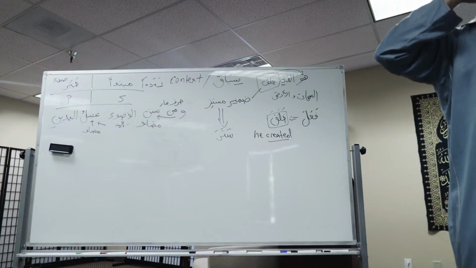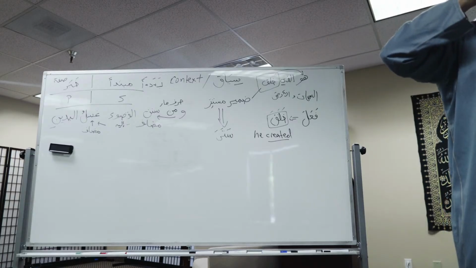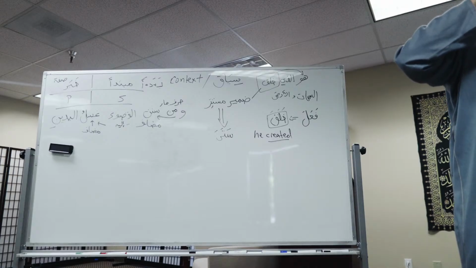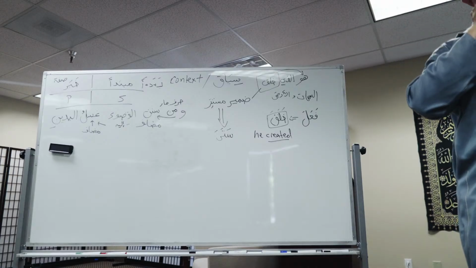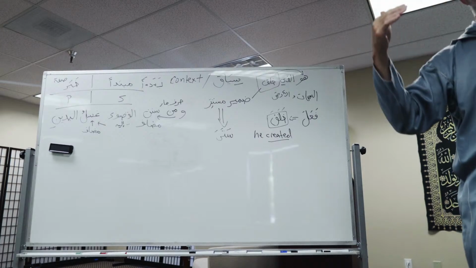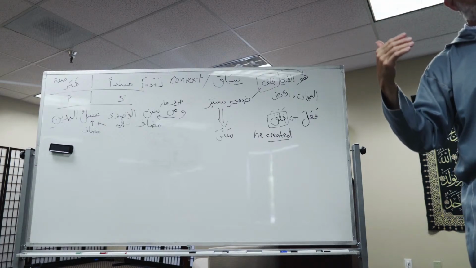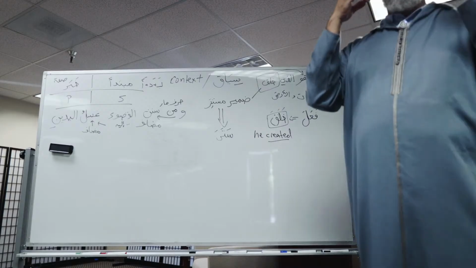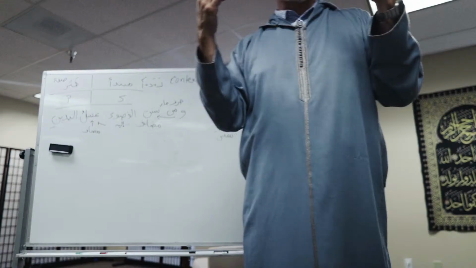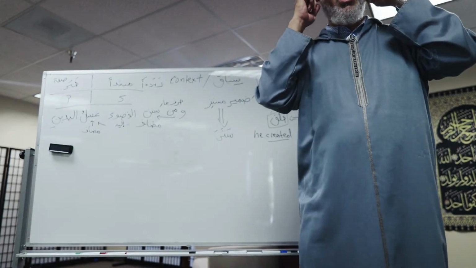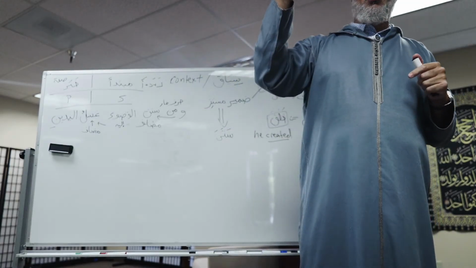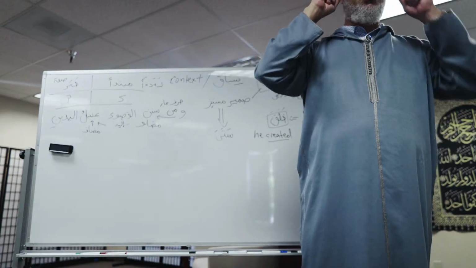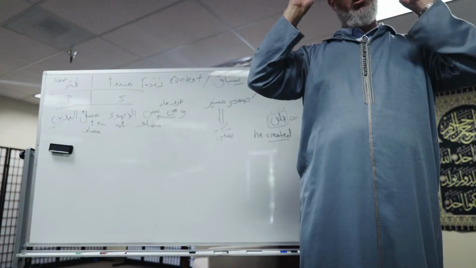One of these is called the udhun. But if you have two of them, you have udhunan or udhunain. If it's marfu', it's udhunani. If it's either mansoob or majroor, it's udhunaini. The alif nun kasra or ya nun kasra is the muthanna, the dual.